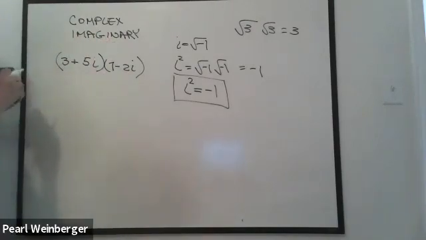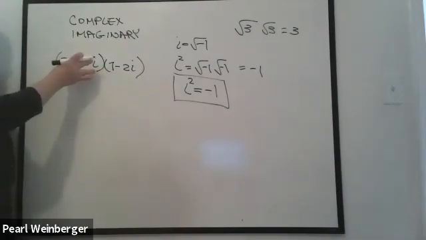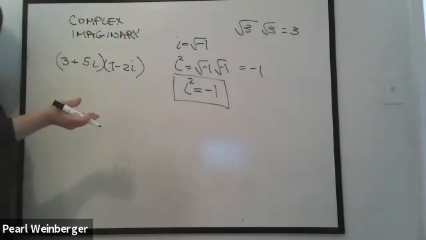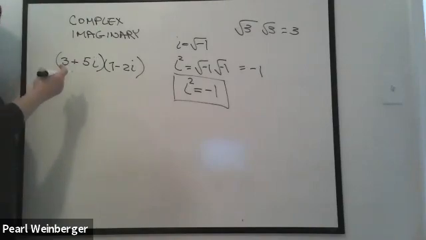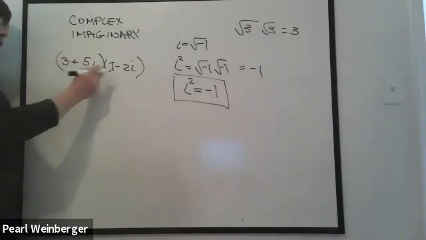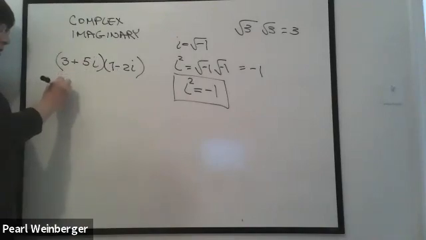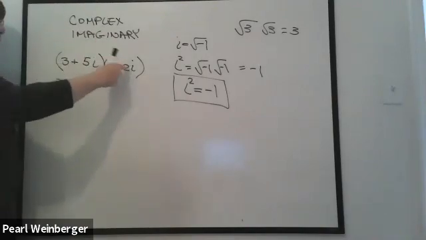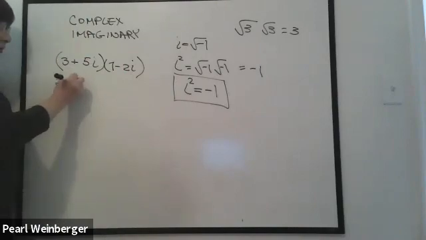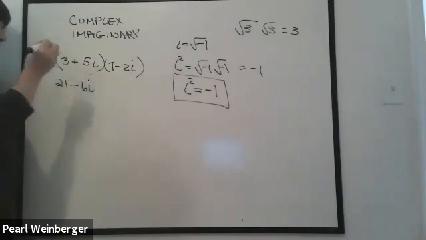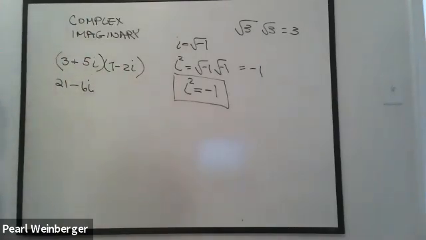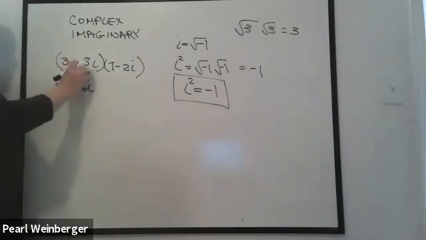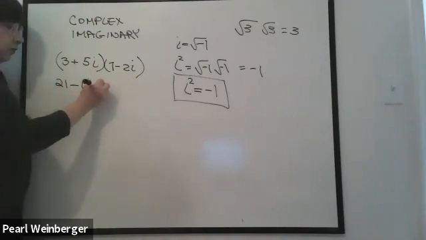How do I multiply these two? Well, these are binomials. So when we multiply binomials, we use FOIL. So that's exactly what I'm going to do. 3 times 7 will give me 21. Outer will be 3 times -2i, which is -6i. There's nothing difficult about this because it's just like regular algebra. 5i times 7 is 35i.